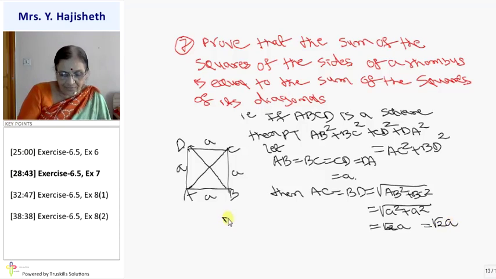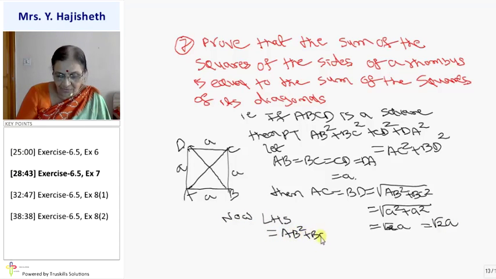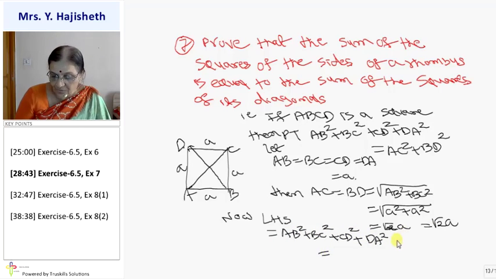Now I start with my LHS. I should get LHS is RHS, okay? LHS is AB square plus BC square plus CD square plus DA square. It is coming a square plus a square plus a square plus a square, and that is nothing but 4a square. 4a square can be written as 2a square plus 2a square.